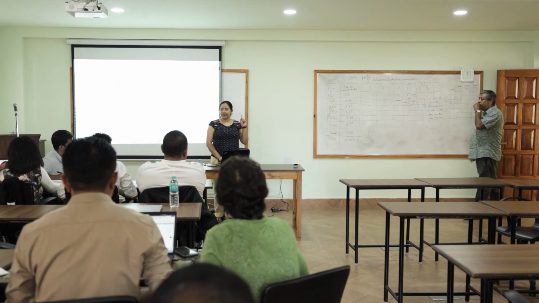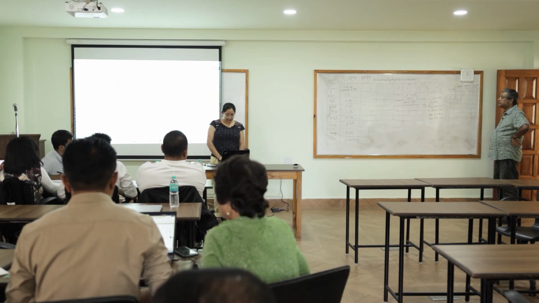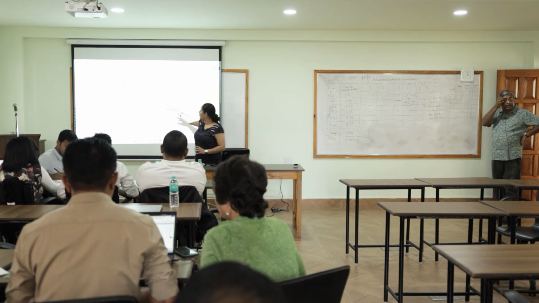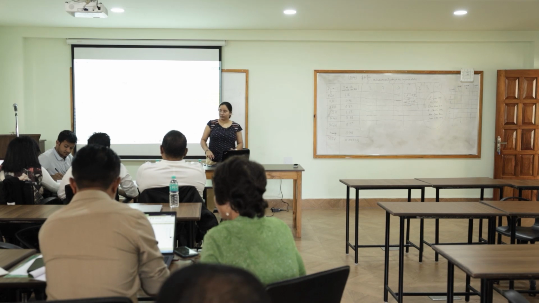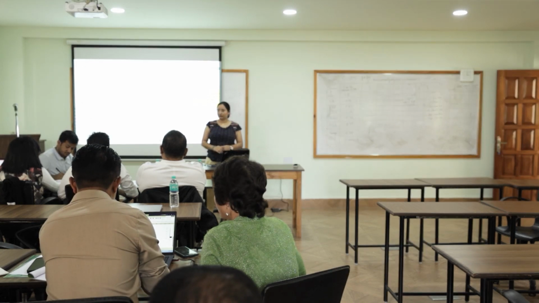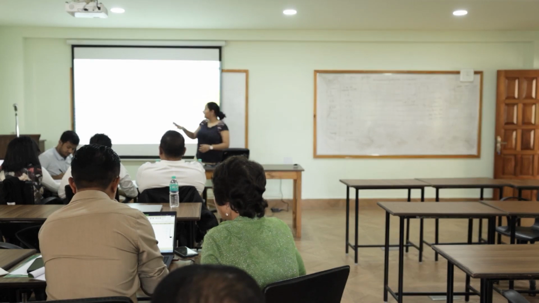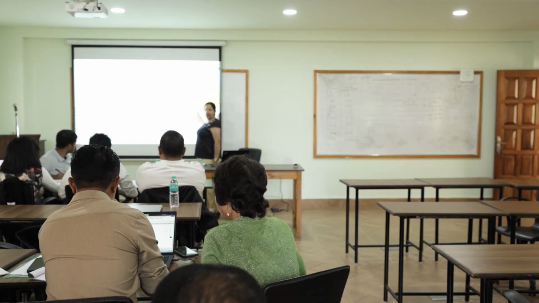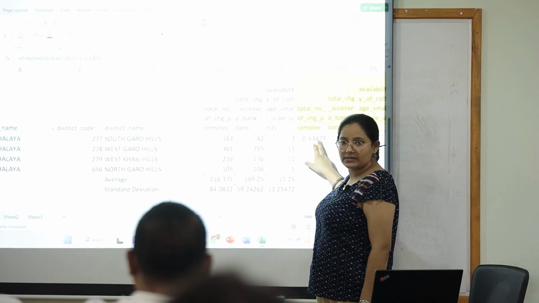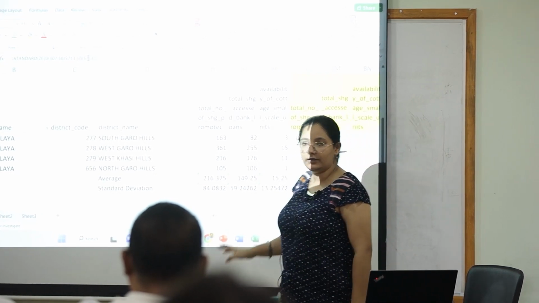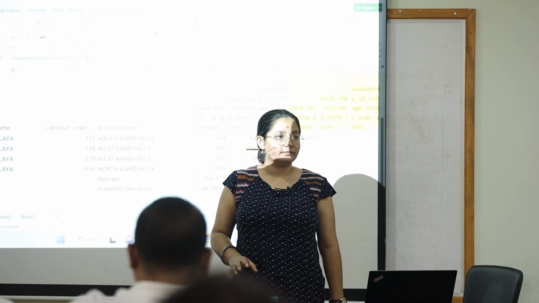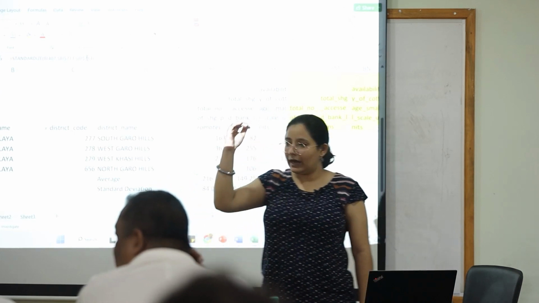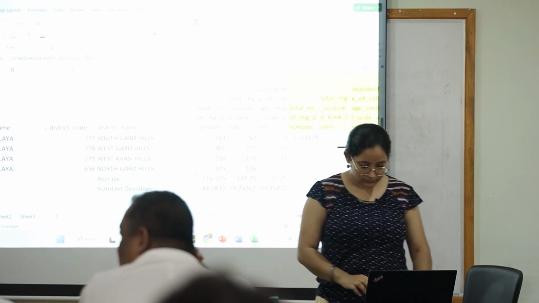Once you have fixed the mean, do the same with the standard deviation: select the standard deviation in the formula bar and press F4. Hit enter again. The value will remain the same as whatever you were getting earlier. Now you can drag it down.